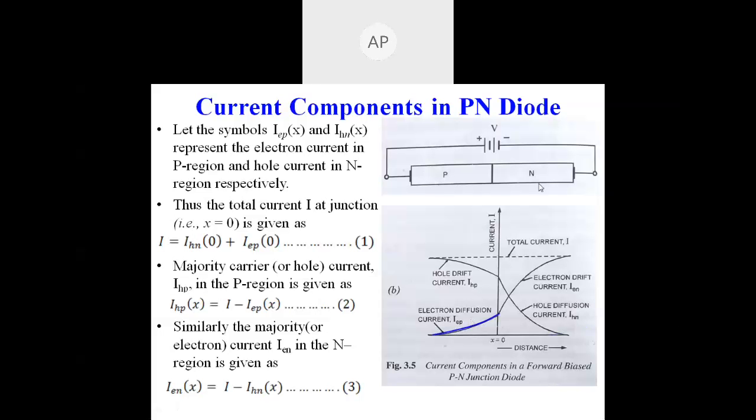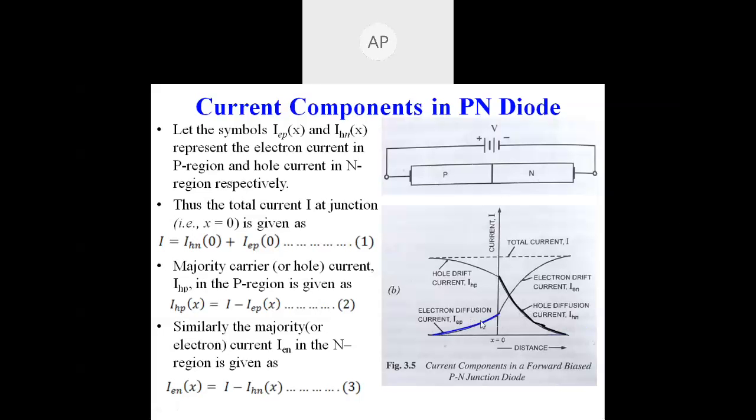So what will happen here as these currents are flowing? These currents are developed. It's the same: the minority carriers from the P region are the electrons, and the minority carriers from the N region are the holes. So definitely the concentration gradient will change.